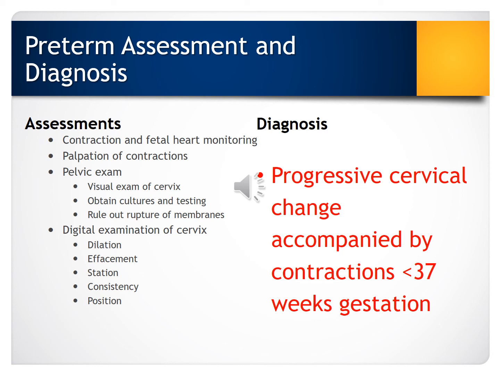She has premature rupture of membranes. Her bag of waters has ruptured prematurely because she's less than 37 weeks. So hopefully that's clear. If it's not, please let me know and I can explain it again, or you can tell me what isn't clear. But the diagnosis of preterm labor has to be progressive cervical change.